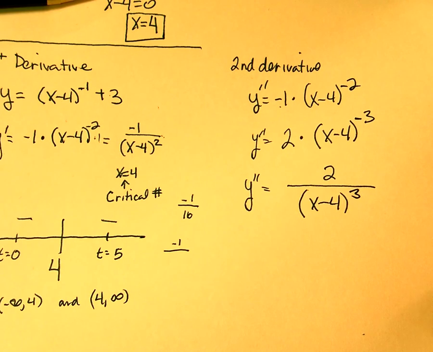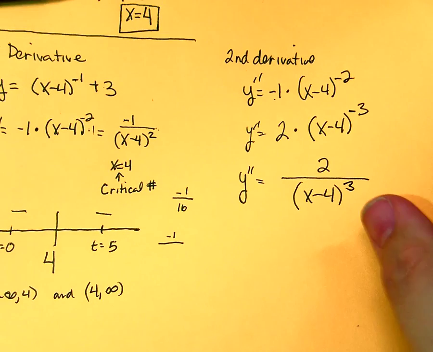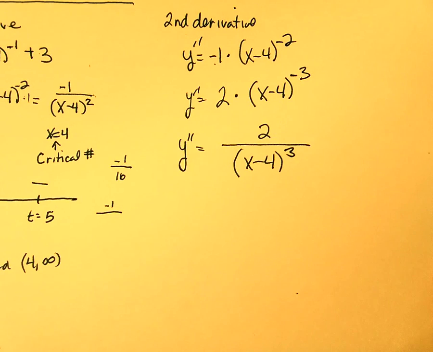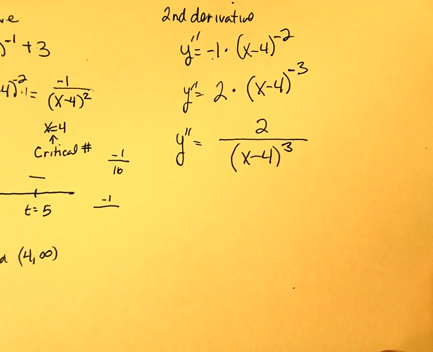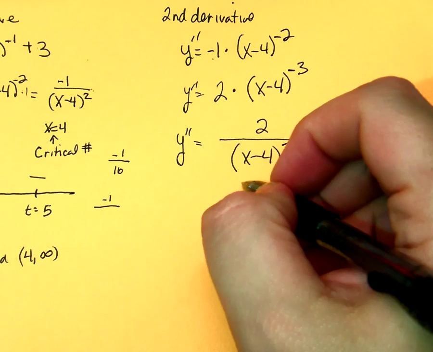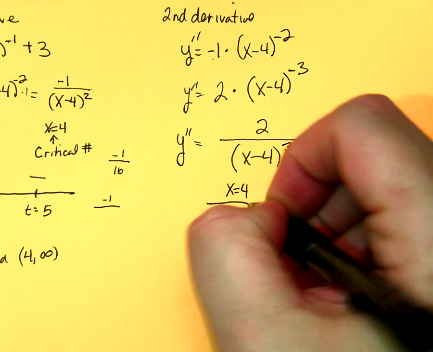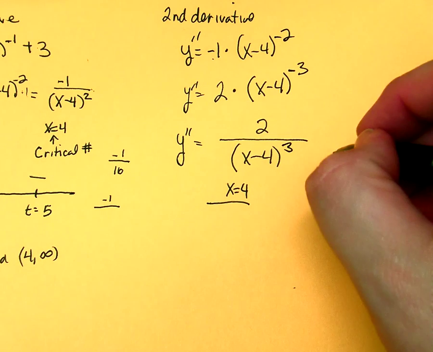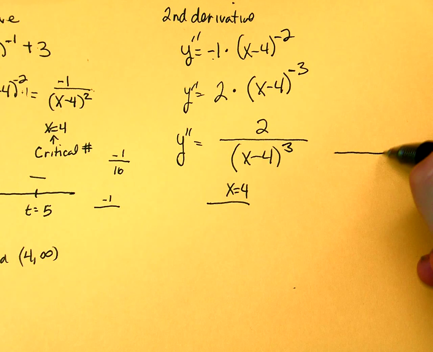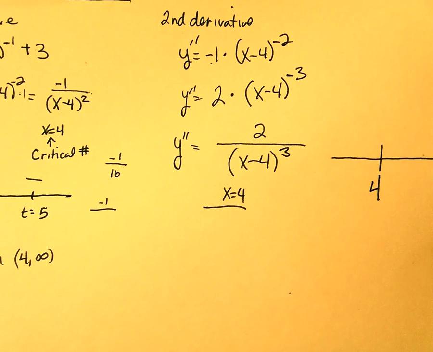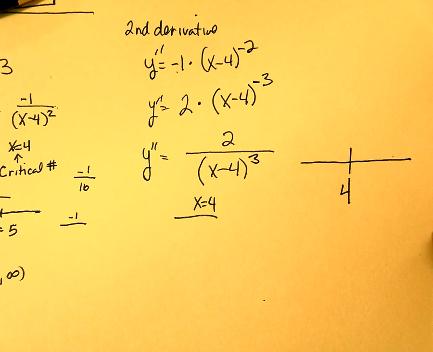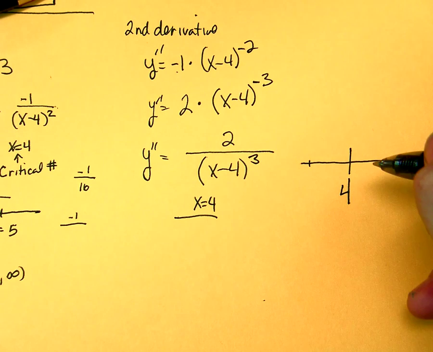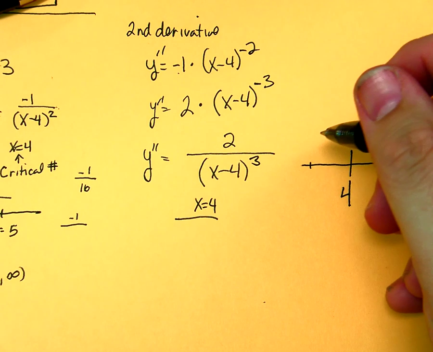Now, where does this not exist? At 4. So x equals 4 is still the problem child. So I can take this at 4, even though it doesn't really work as a point of inflection.